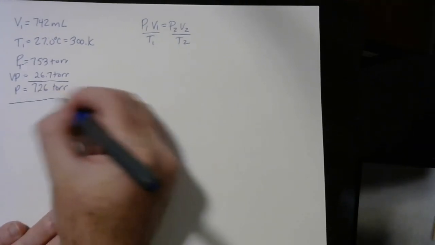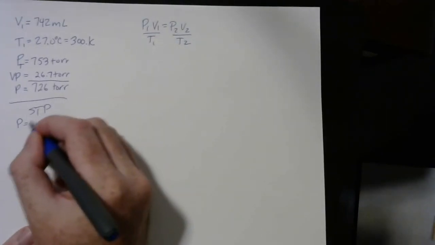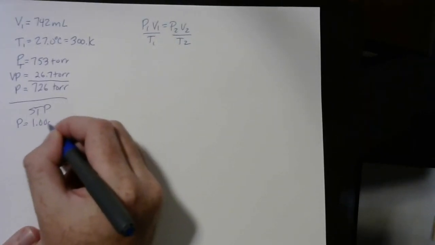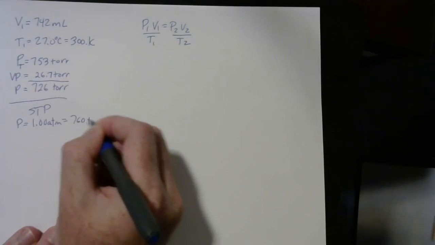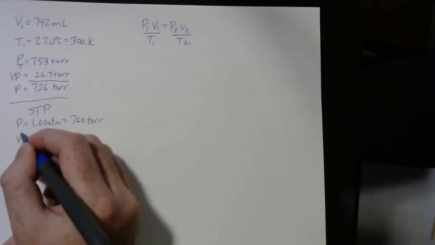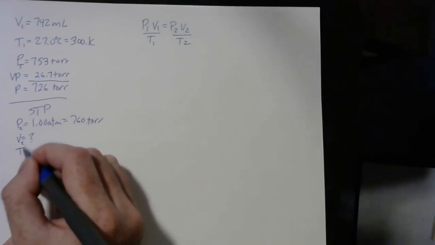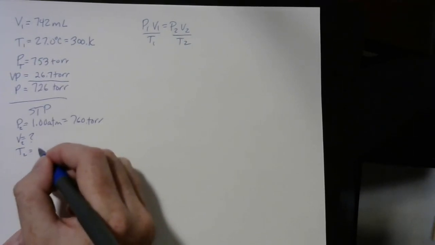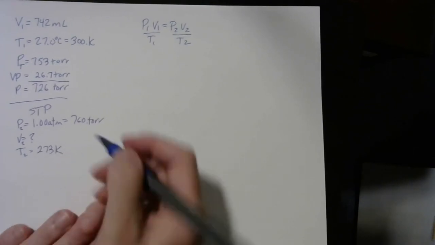And then remember our STP conditions. The pressure is 1 atm, or 760 torr, and the volume is what we're trying to find. The temperature is going to be 273 kelvins. So again, we're going to solve for V2.